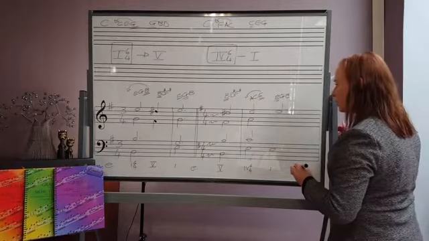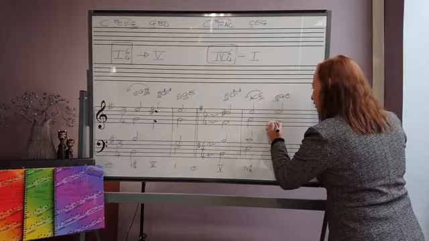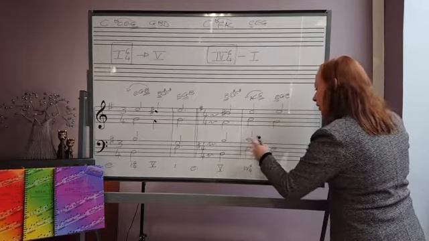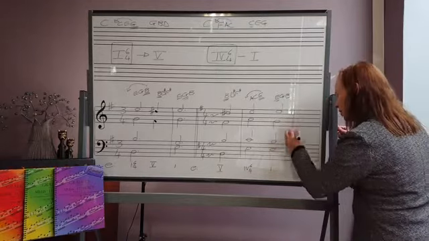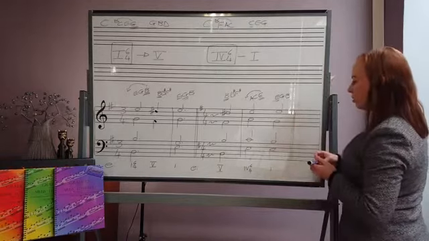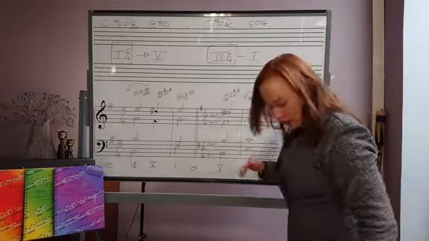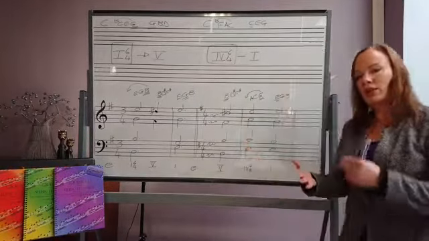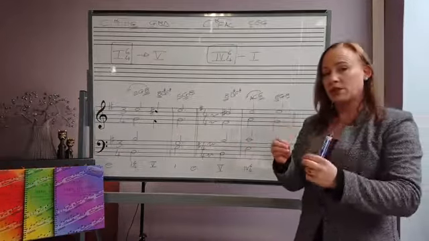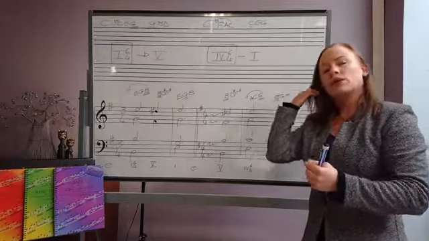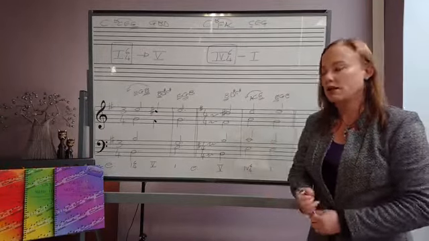Really simple to do this, guys. And now my A is going to resolve descending to the G, and the C is going to resolve descending to the B. What's very nice about the cadential 6/4 is when you resolve like this, because of its very specific resolution, chances of you getting parallel fifths and octaves are basically 0.